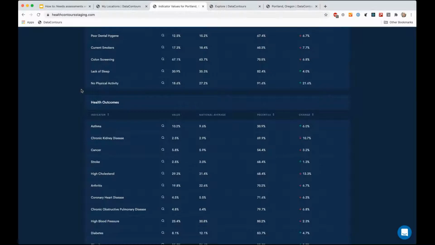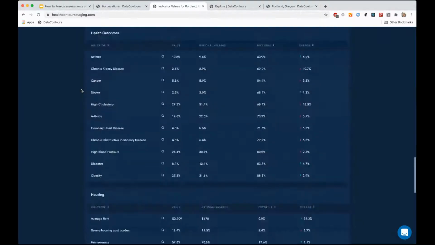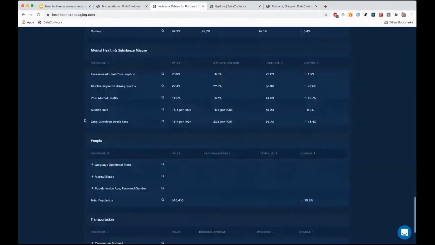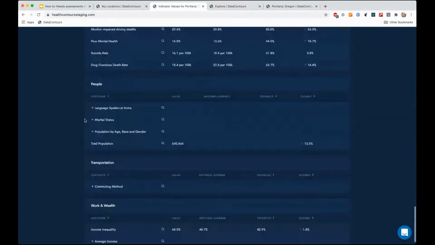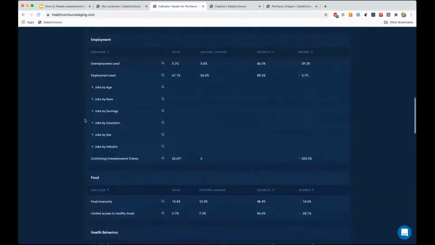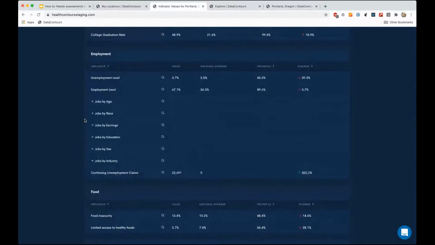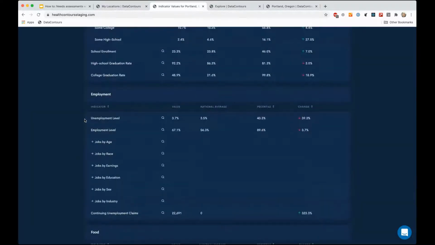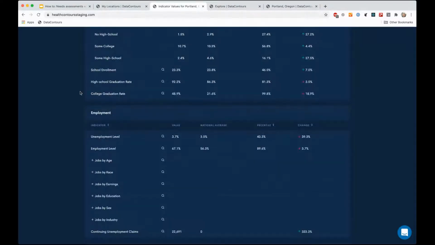These health outcomes and health behaviors are pretty key. And then we've got a section on mental health and substance use, people, transportation, and work and wealth. We're continuing to add new indicators here each week as we are finding new sources and loading new data or coming up with new estimates. So this list does change fairly often.